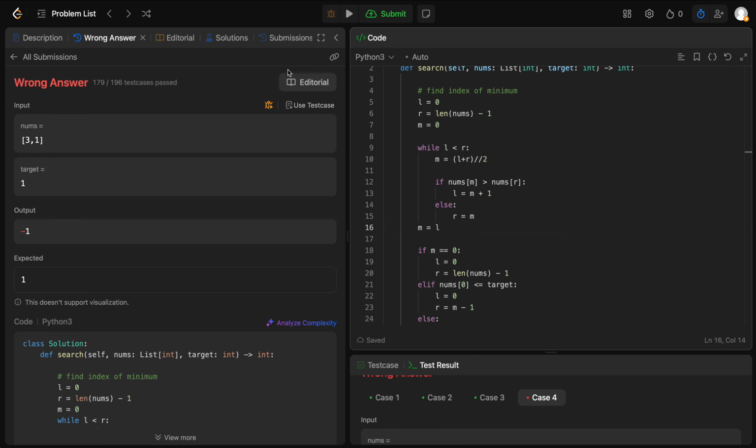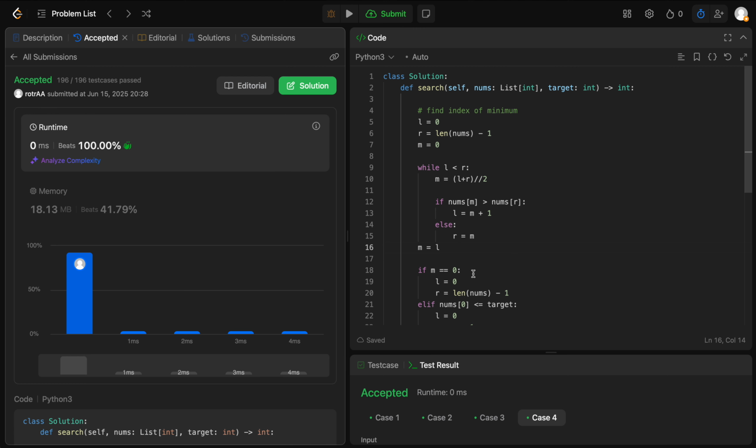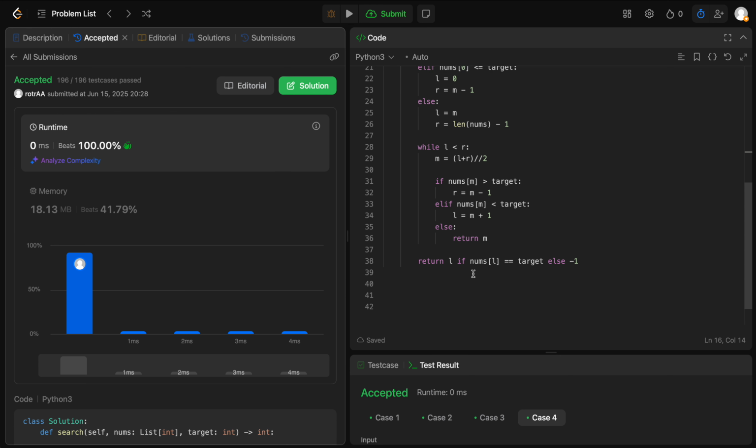Or M is left. Yeah, something like that. I did mess up this part a bit, so sorry about that.